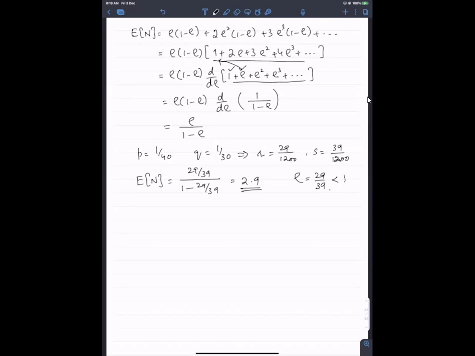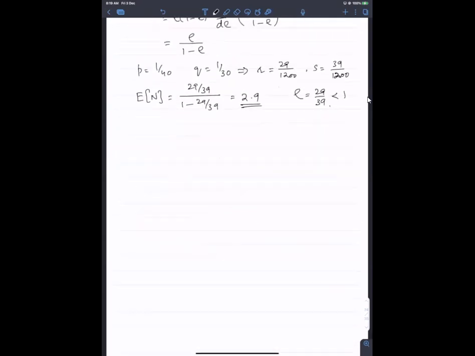So now I'm going to move to a few definitions and theorems. Last time we talked about the irreducible chains theorem.